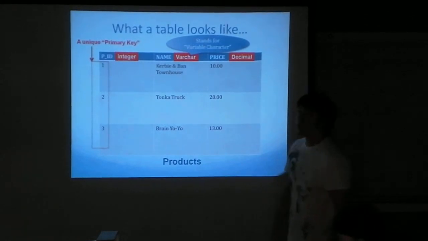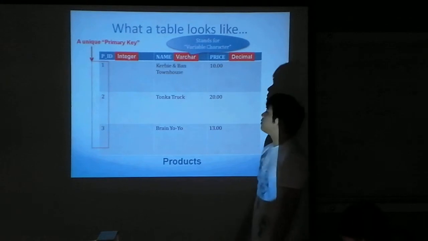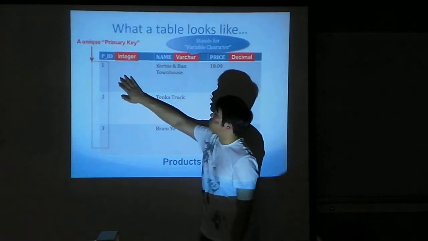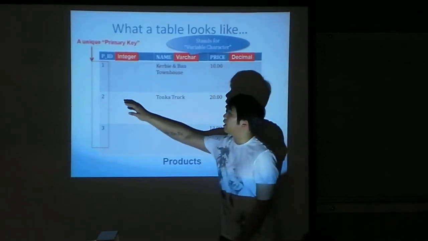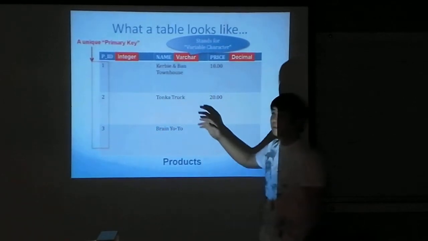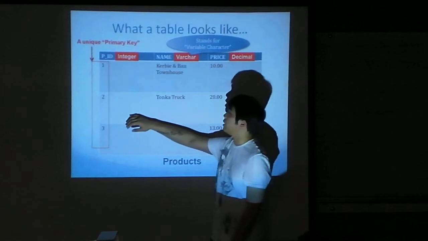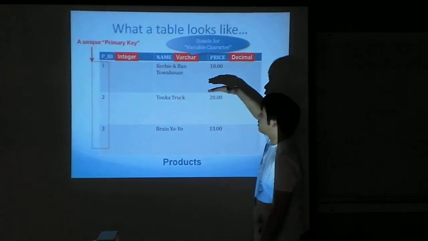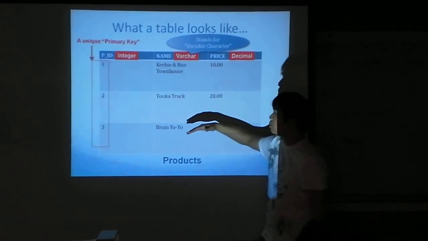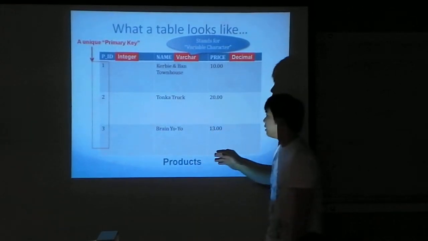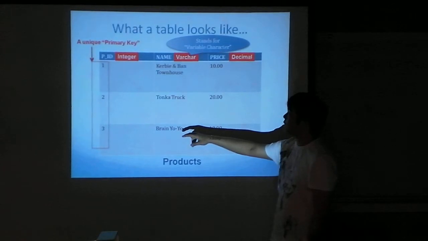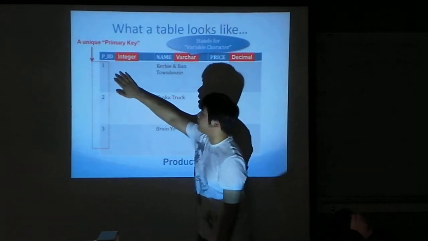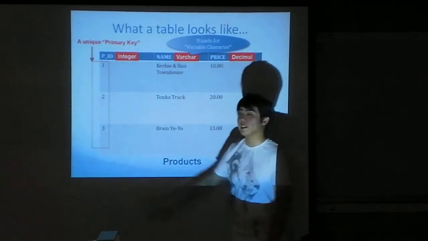So one thing about database tables, that's kind of a rule, is that the ID of a table has to be unique. In this case, we have a products table, and each row is distinguishable by a different ID. So if you were to add another row into this table, you have to make sure that the ID is not already taken.